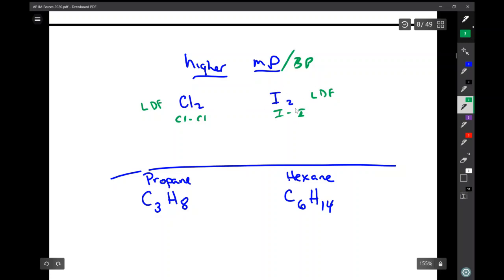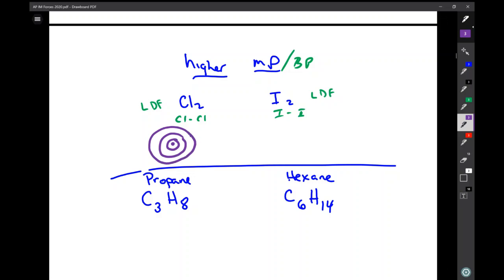Now why is that? They're both London dispersion forces, so we have to look at the molecule here. If we look at chlorine, it has 17 electrons. It is in the third energy level. So there you go, chlorine has 3 energy levels worth of electrons.